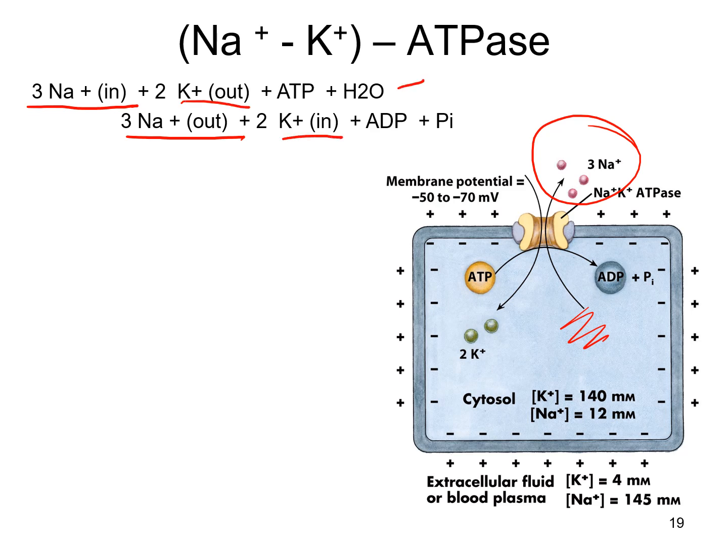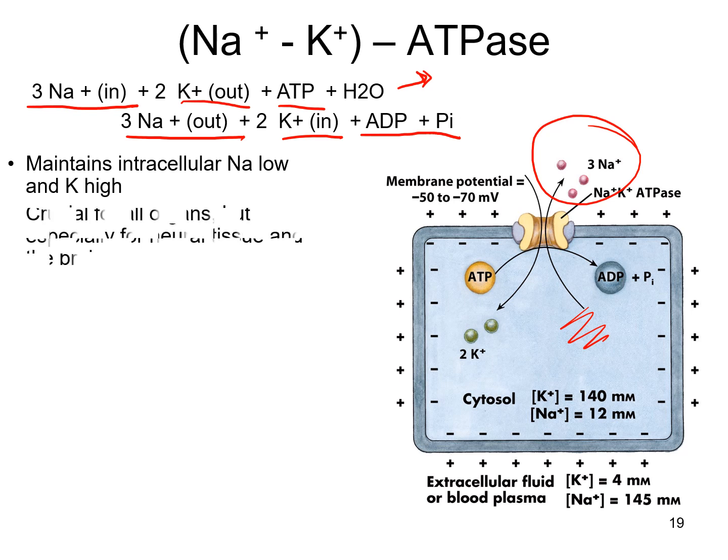How are we doing this? Well, we're using water to hydrolyze ATP, and we're going to come out with ADP and Pi. Now, this type of protein maintains intracellular sodium concentrations at a low level and potassium at a high level.